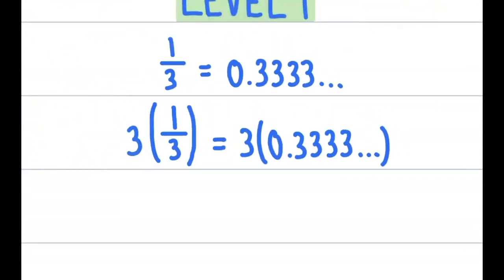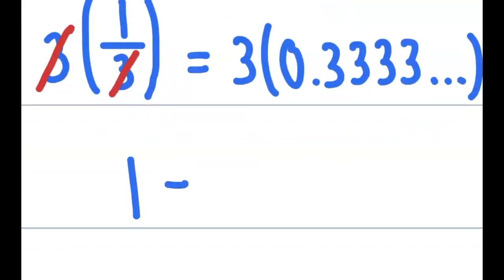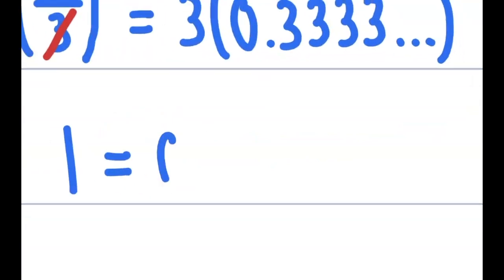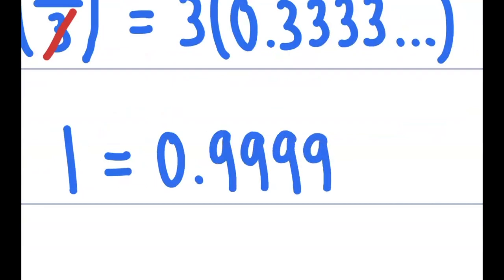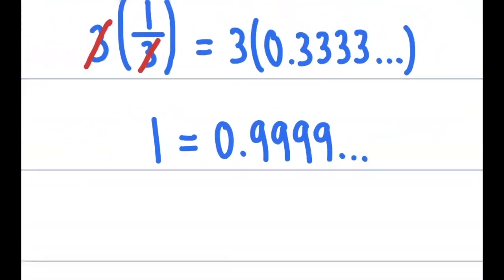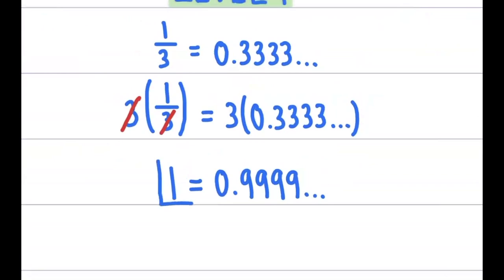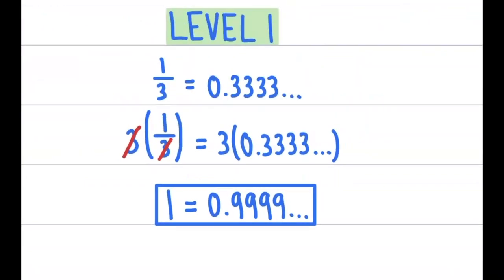For 3 times 1/3, that's of course just 1 because the threes will cancel. And 3 times 0.3 repeating, if you multiply each 3 by 3, you're going to get a bunch of nines. And there you go. You have that 1 equals 0.9 repeating.